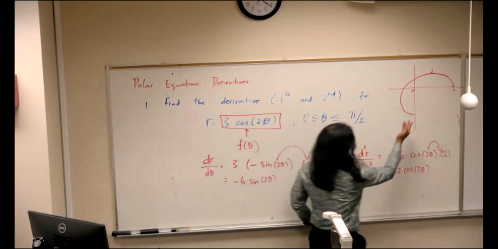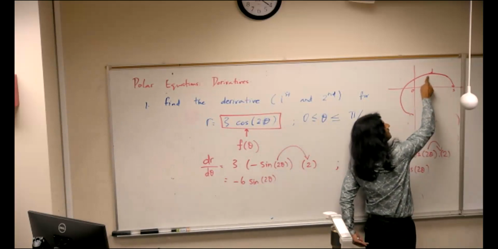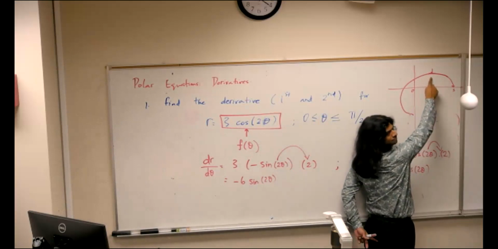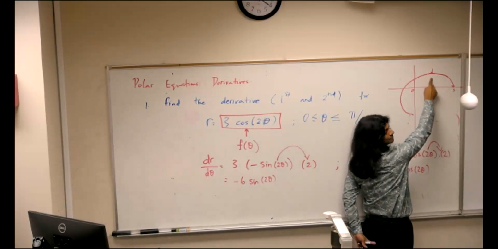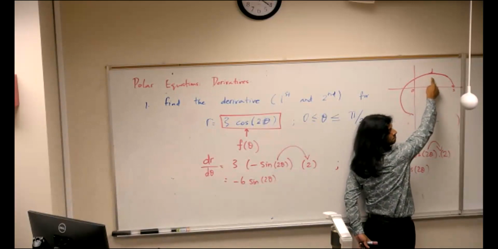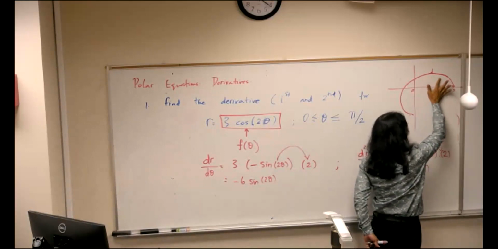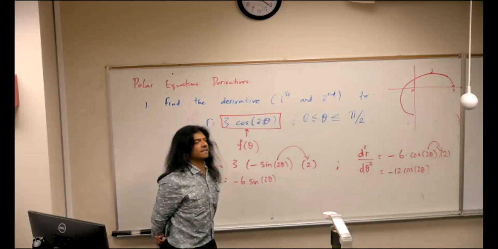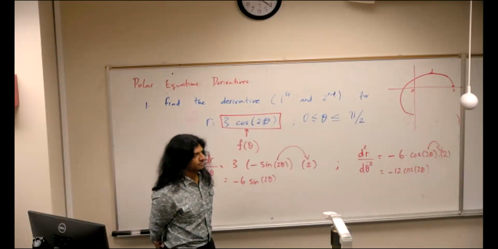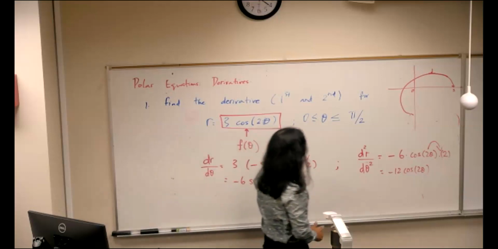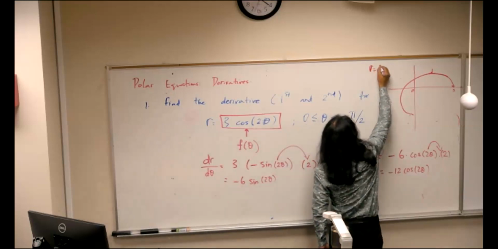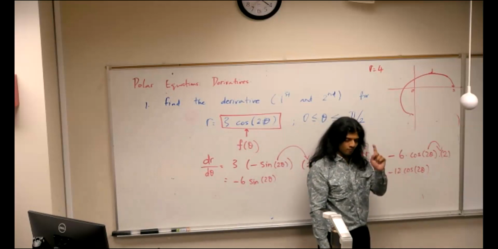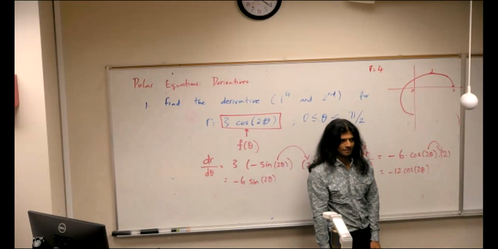So is the radius changing at that point? Yes, no, maybe. As you move along a circle, does the radius change? No. Okay, how about r equals 4? What is the derivative of r with respect to theta?